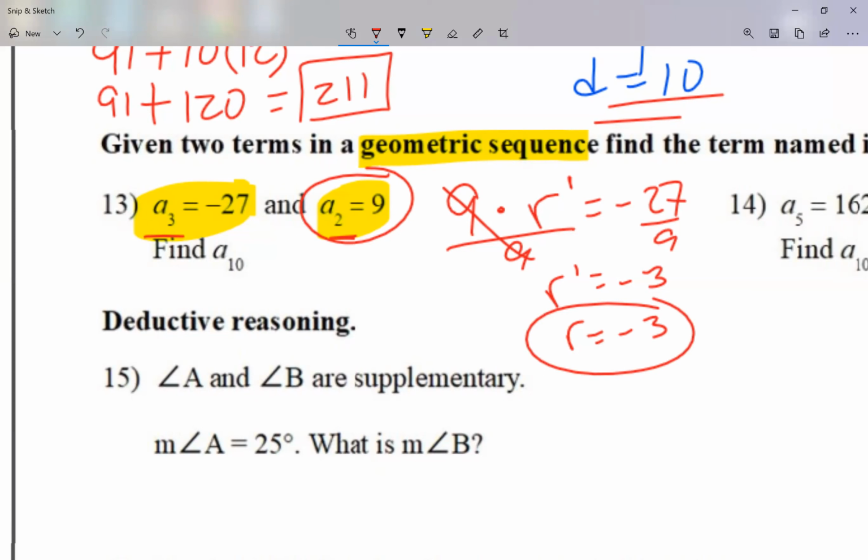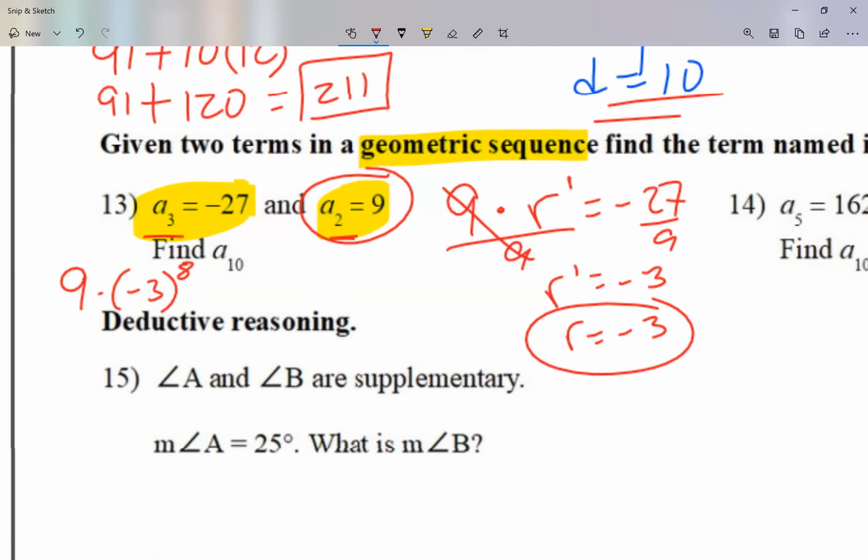So I'm going to say 9 times negative 3 to the 8, because from 2 to 10, it's 8, right? If I would have started from the third number, from negative 27, I would multiply negative 3 7 times.